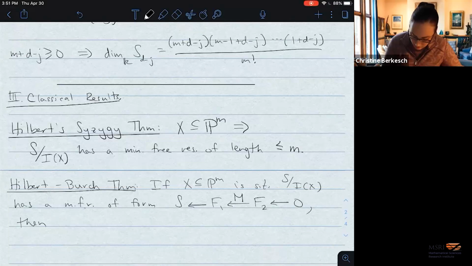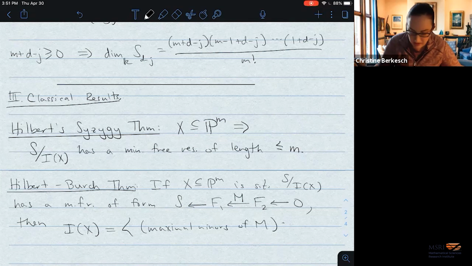Then we know that our ideal has a certain form, right? So we're taking the maximal minors of our matrix M, and then we're scaling them all by possibly some non-zero divisor. Okay.